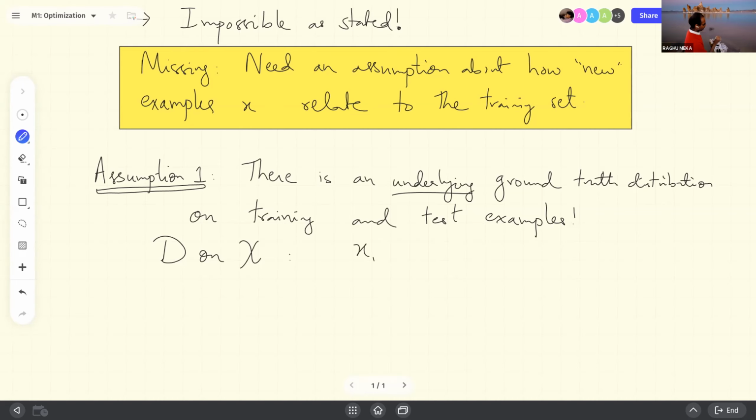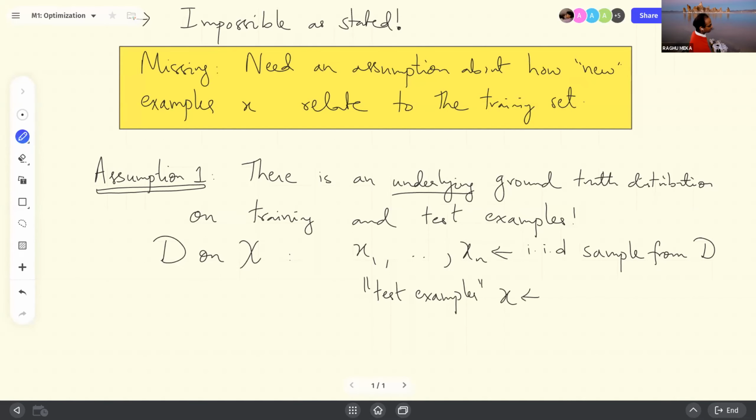And each x1 up to xn is an independent, identical sample from D. There's some underlying distribution, and the test examples are also drawn from the distribution D. They're independent of the training ones, and it's just another independent draw from the distribution.